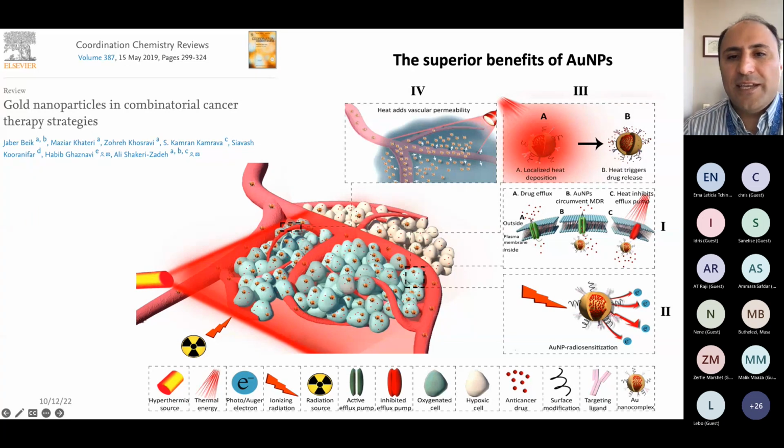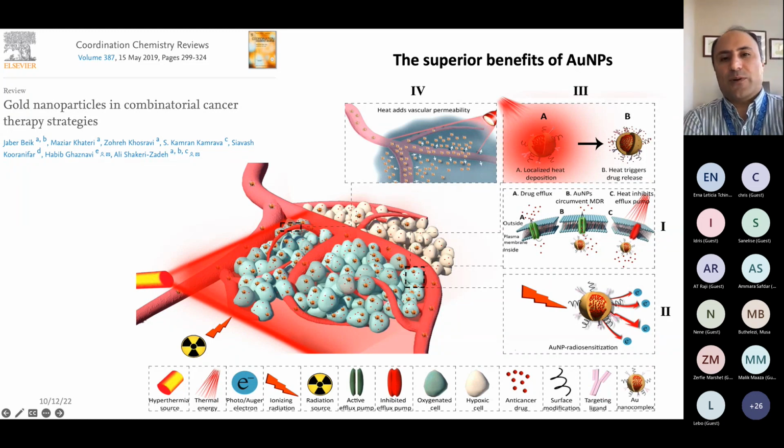We can do radiotherapy, and if we target the gold nanoparticles in cancer cells, then using radiation, I know there is an active radiobiology group in your university and in your institute, so maybe they are interested in this field.